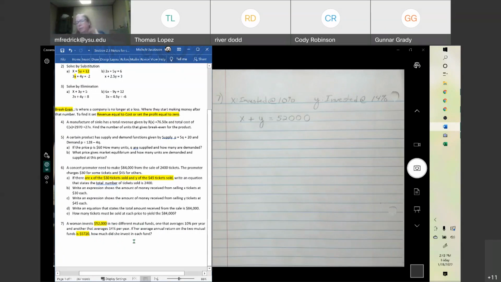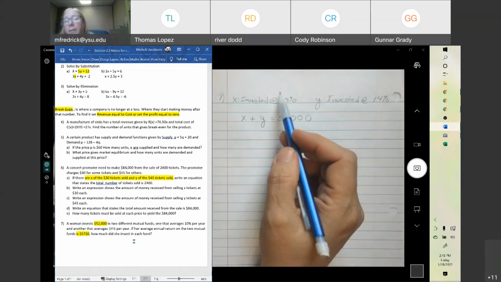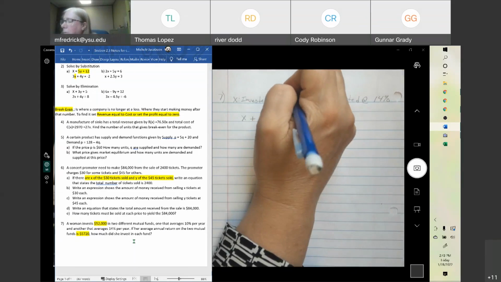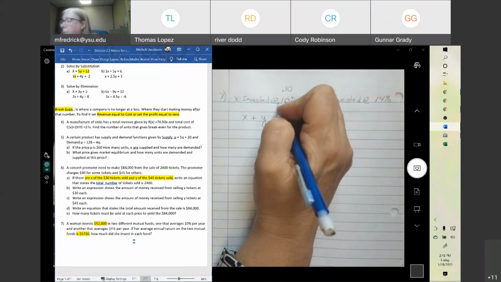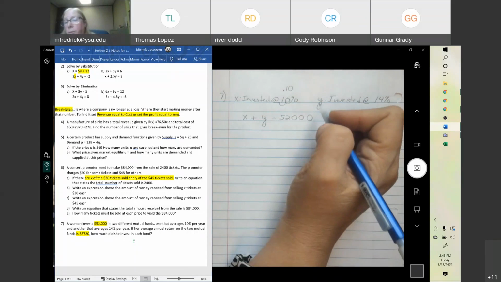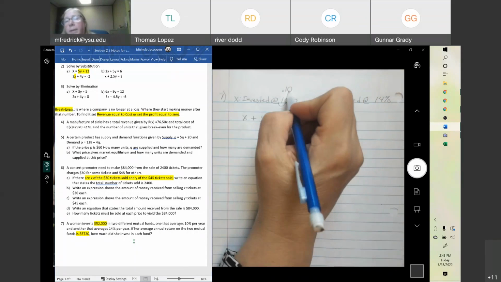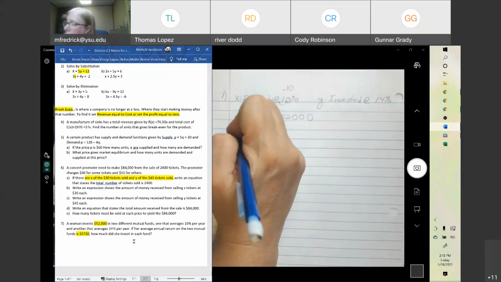When you're talking about simple interest, the amount that you make, this one's 10%. You need to write it as a decimal. So either divide by 100 or move over to the left 2. So the interest that this would make, this one, would be 0.10 times x, or 0.1x.